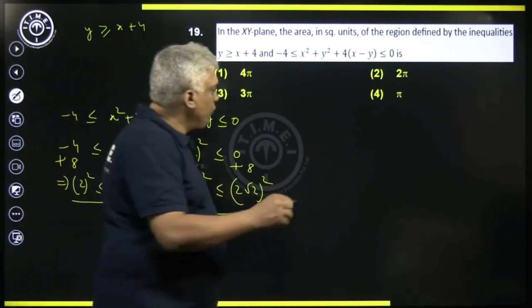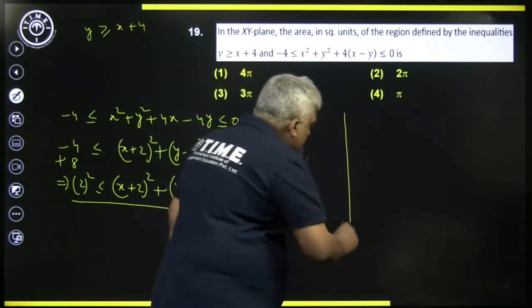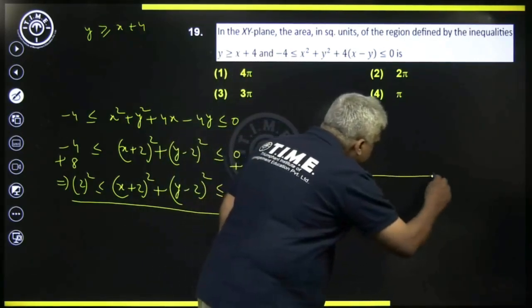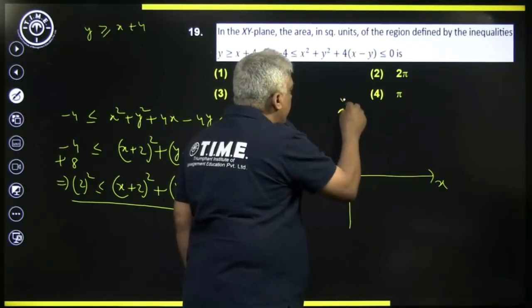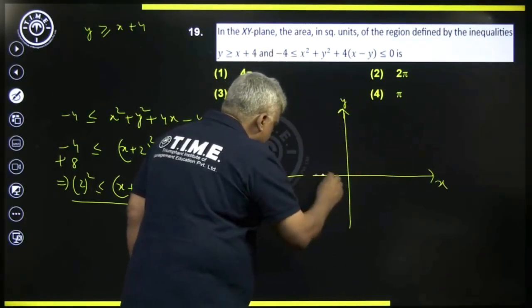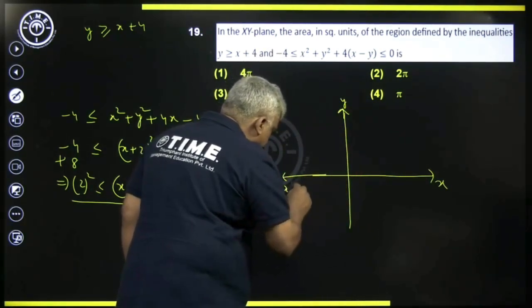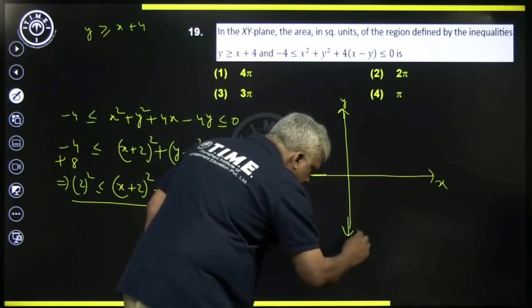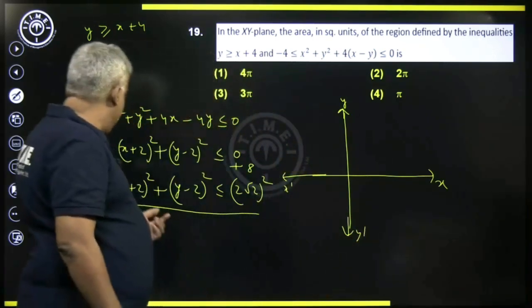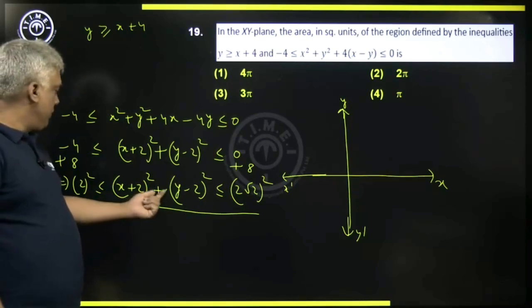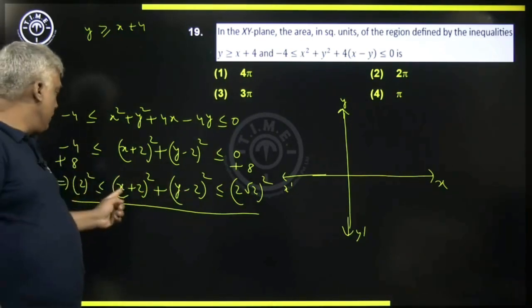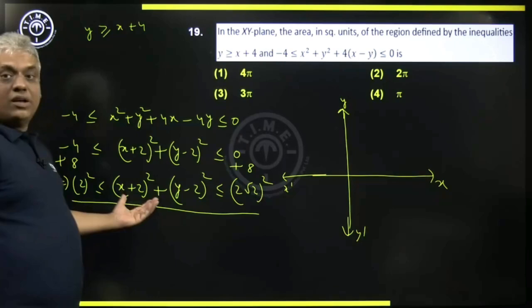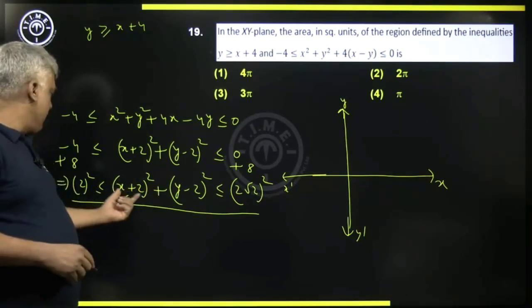Let's see, this is the x axis, this is the y axis, this is negative x, negative y. Now x plus 2 the whole square plus y minus 2 the whole square equals 4 is a circle. It is more than or equal to, that is the area outside this circle. Let's draw this circle.